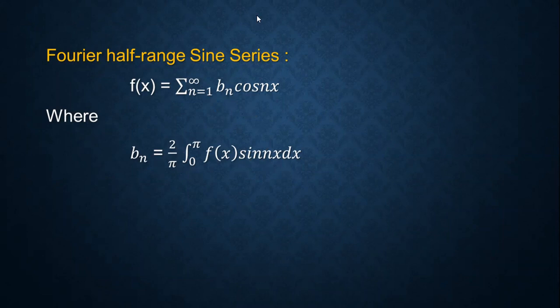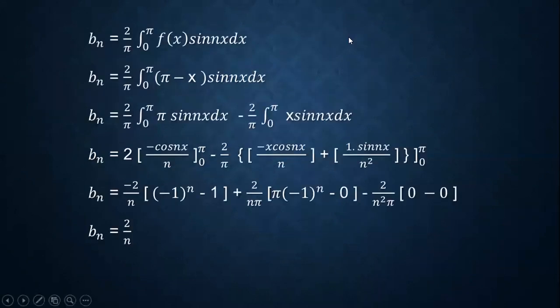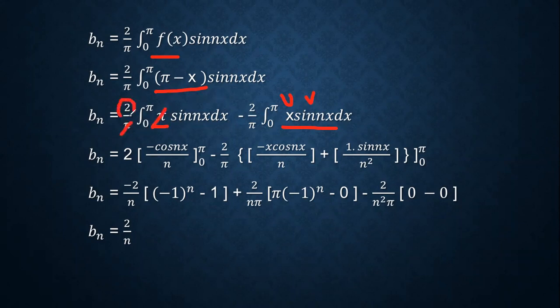Again, the same way we did in the previous case for the an value, in place of f of x it is pi minus x into sin nx. Divide this one: 2 by pi into integration 0 to pi of pi sin nx dx minus 2 by pi into integration 0 to pi of x sin nx. Again you have to apply the uv rule here. This pi is a constant which can be kept outside, and this pi will get cancelled. You will have only the 2 here.